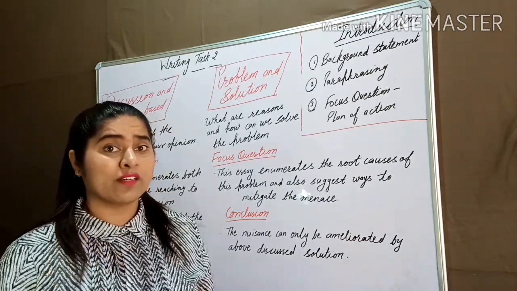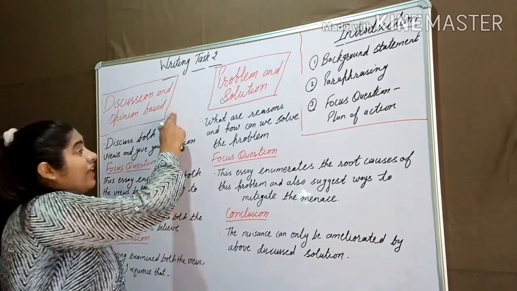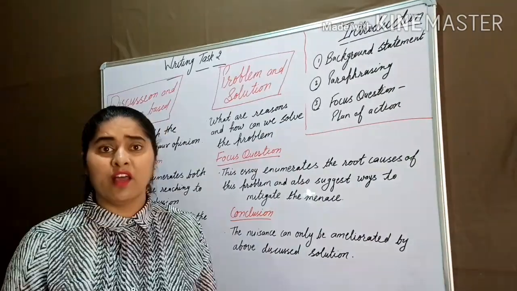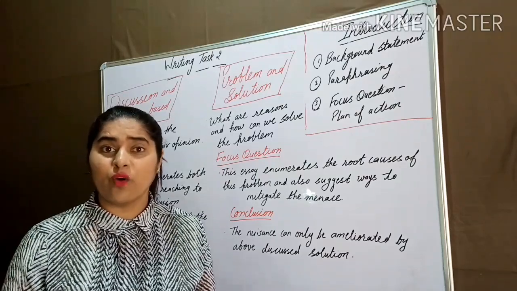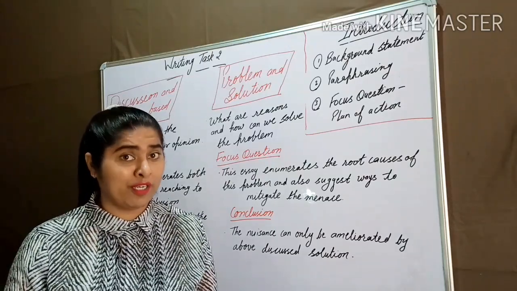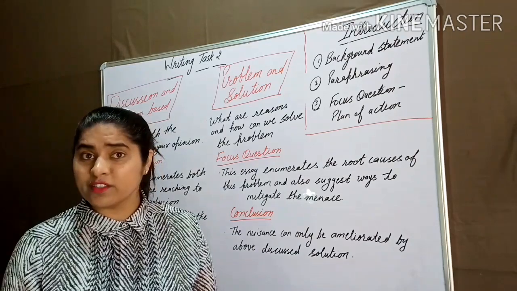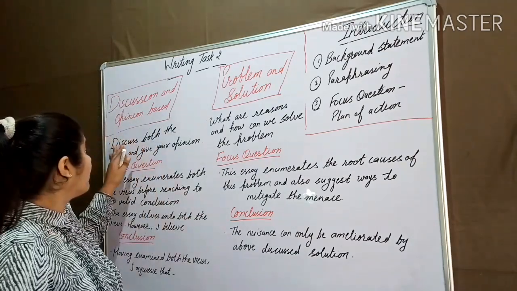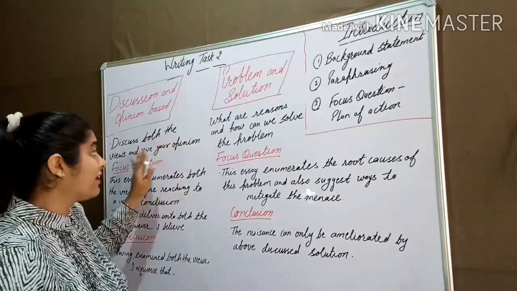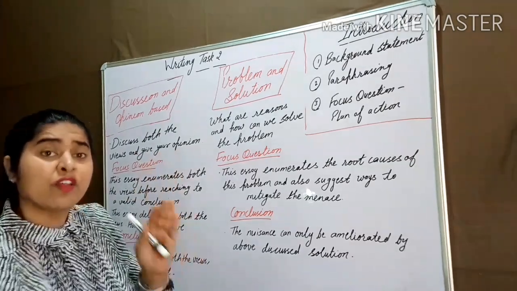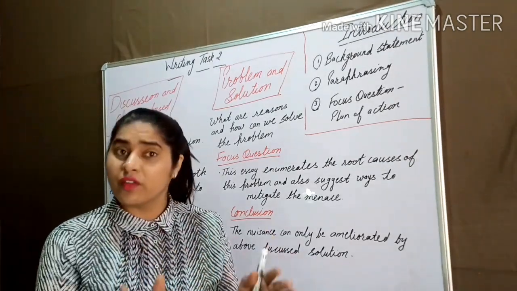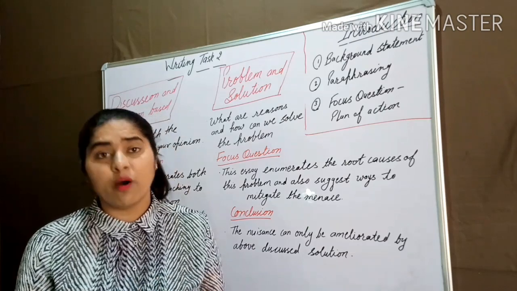The third question type is discussion and opinion based. How will we understand that our question type is discussion and opinion? If in your IELTS question it is mentioned that discuss both the views and give your opinion, it means you will have to discuss both the sides and give your opinion.